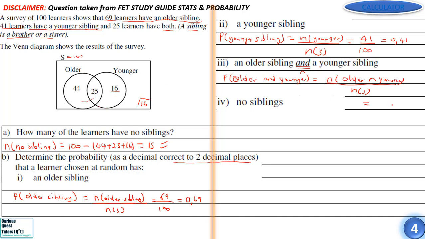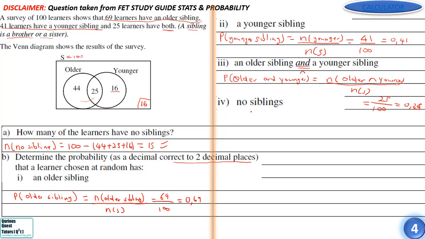Here in the intersection we have 25, which is going to be 25 out of 100, which must be 0.25 in two decimal places. That's 0.25. Now, ladies and gentlemen, let's do the last question on this part, with the hope that you are following and you understand how we are making these decisions here.